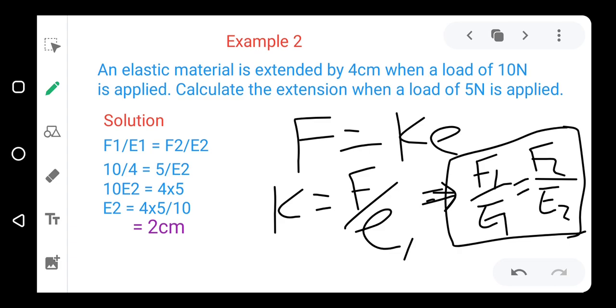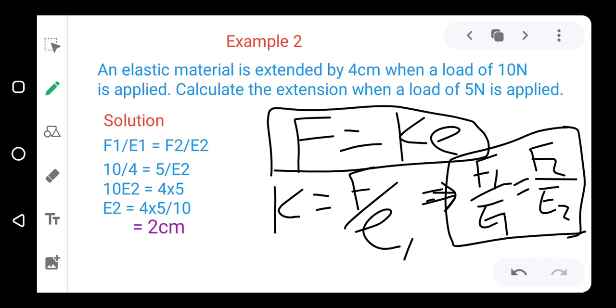Maybe we have two forces and one extension, we can look for the second extension using this formula. This is another version of Hooke's law. It is gotten from this. So when you have different forces and different extensions, you use this formula. But if you are looking for just one extension and one force, then you use the first one directly, like the first one we solved.